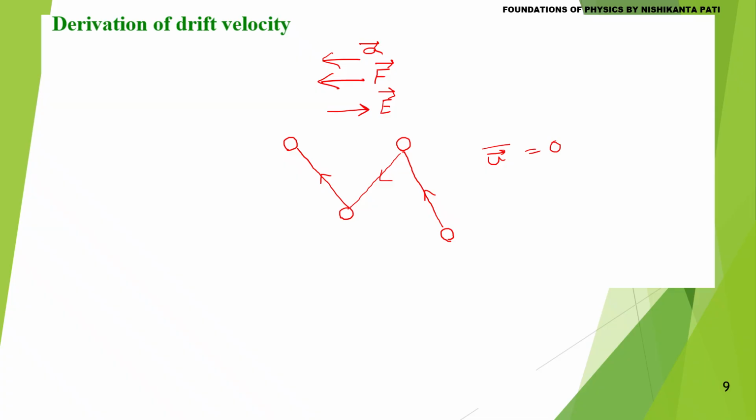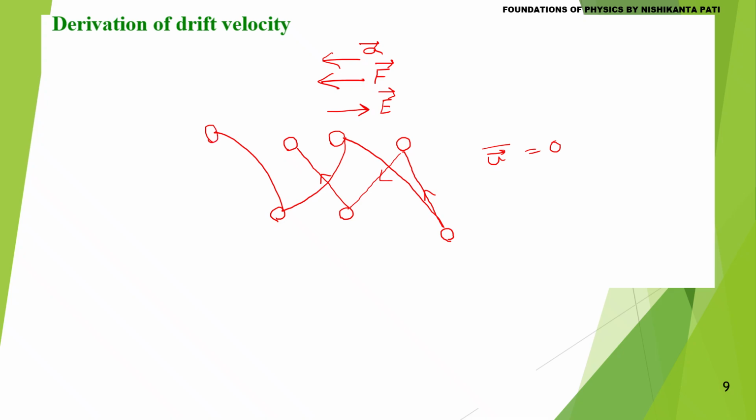So as a result, the electron motion will not be at constant velocity between two collisions, and the electron will move in the presence of electric field like this and strike this positive ion. Then after collision, it moves this way and strikes this positive ion. Then after collision, it will move this way and strike this positive ion.